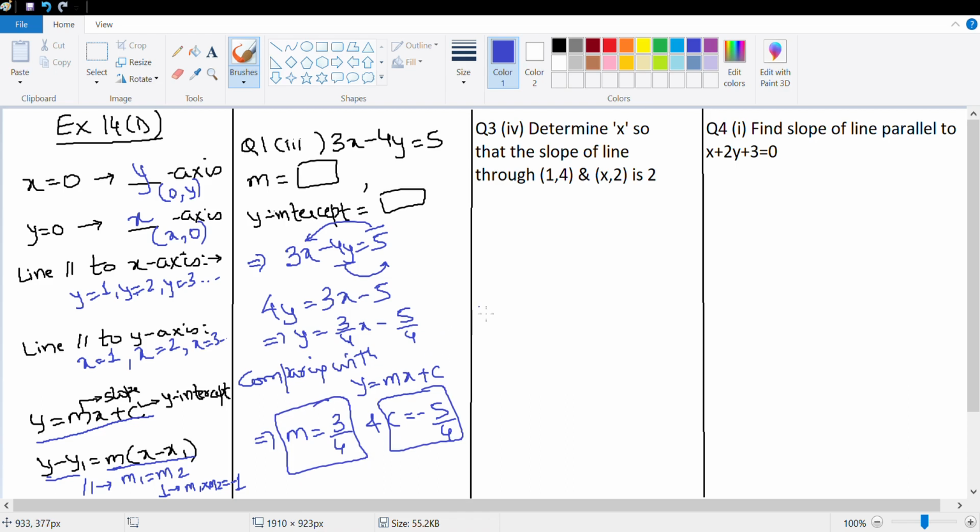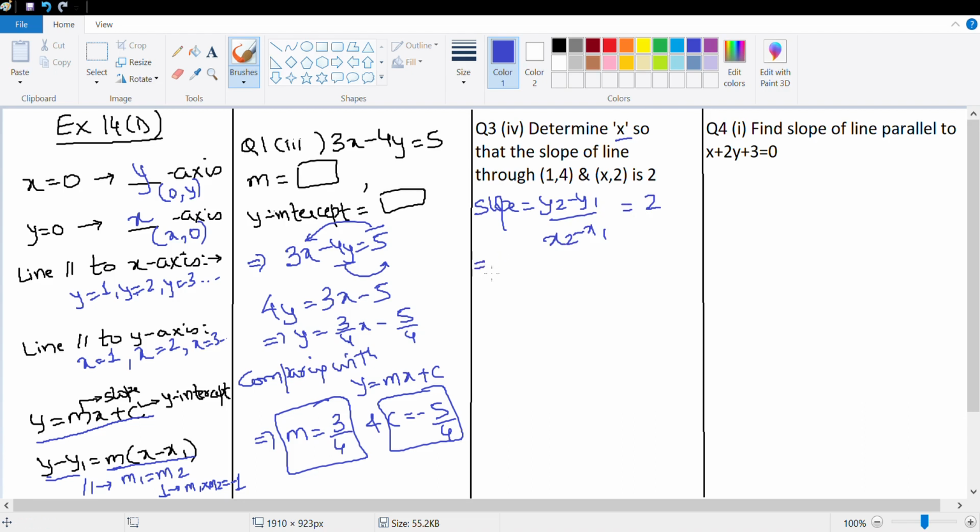The next question that we do is question number 3, part 4. It says determine x so that the slope of the line through (1, 4) and (x, 2) is 2. So we need to find the value of x so that the slope through these points will be 2. So we know the slope. Slope will be equal to y2 minus y1 upon x2 minus x1. In this case, the slope should be 2.